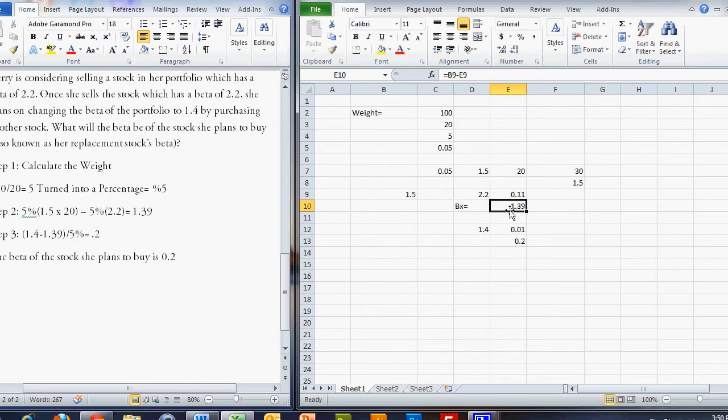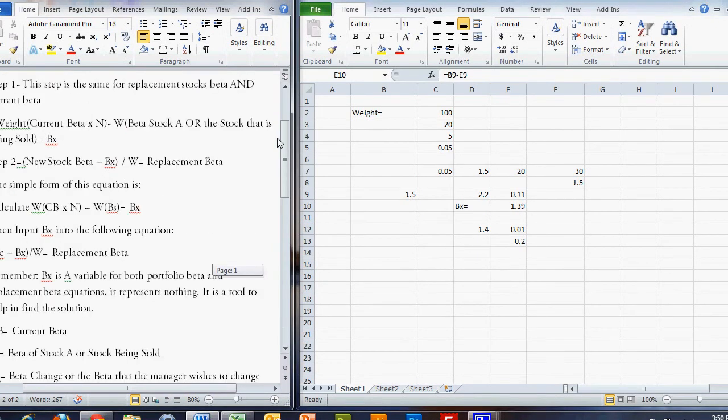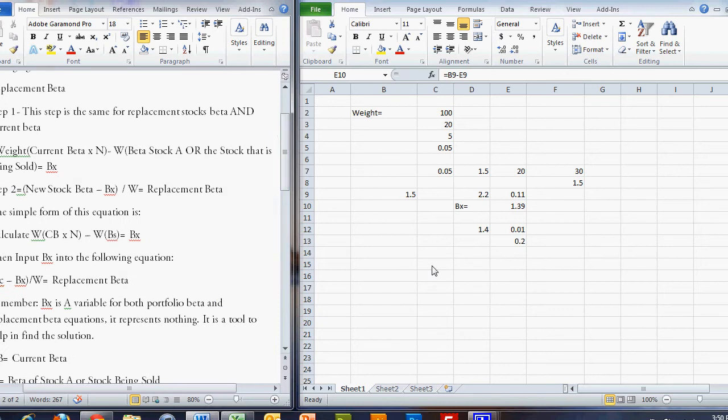And then you have both halves of the equation. And now you need to find BX. So to find BX, equals 1.5 minus your 0.11 equals 1.39.